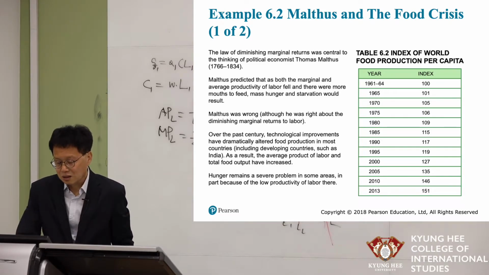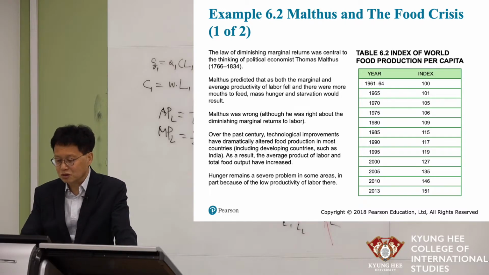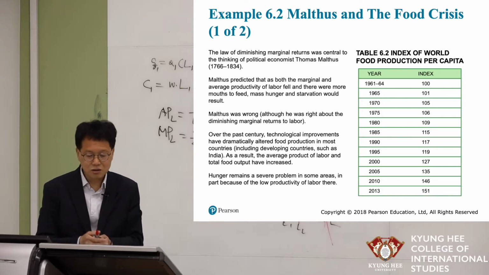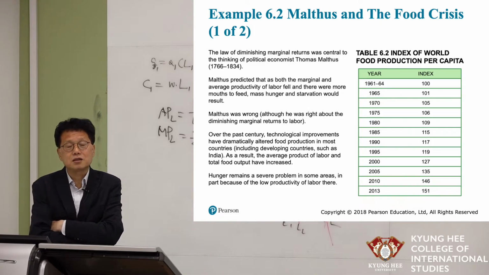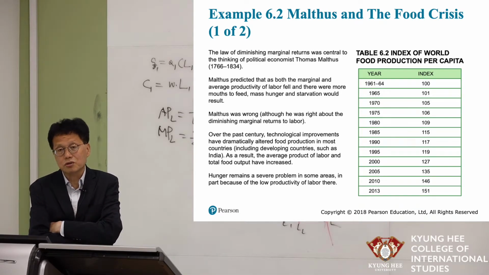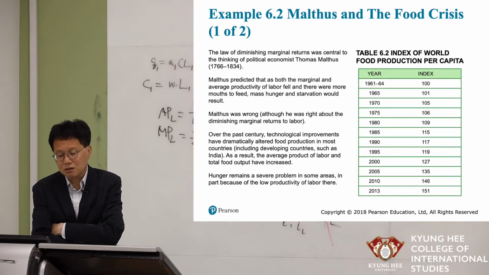However, over the past century, technological improvements have dramatically altered food production in most countries, including developing countries such as India. As a result, the average product of labor and total food output have increased. The main point is that it is true that marginal product of labor decreases, but the other thing happened.